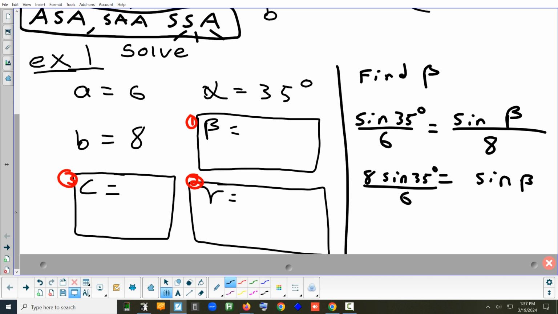So what would we do next to get beta alone on the right? Yeah, we take the inverse sine of each side. So it's the inverse sine of everything on the left, sine 35 over 6. And when you take the inverse sine of what's on the right, sine is gone.